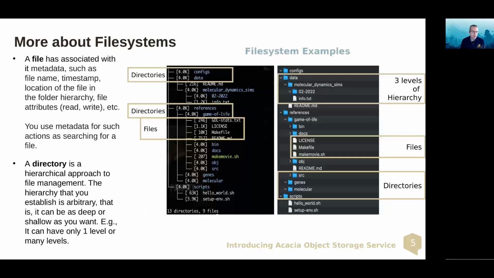A file has associated with it specific metadata, such as the name of the file, the timestamp of when the file was last modified, the location of the file within the folder hierarchy, and permission attributes, whether or not you can read or write to that file.